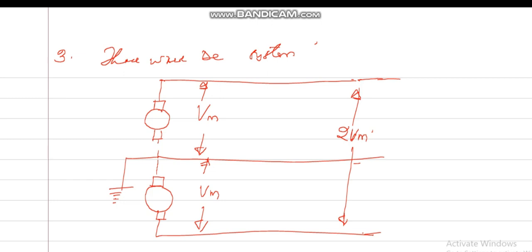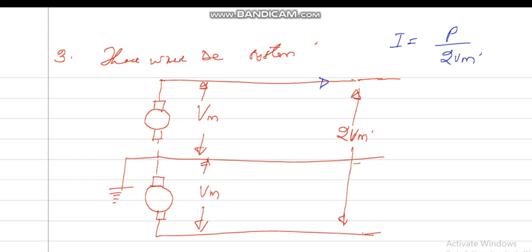Okay, kwa hiyo tunasema kwamba current that flows I is given by power divided by twice Vm.